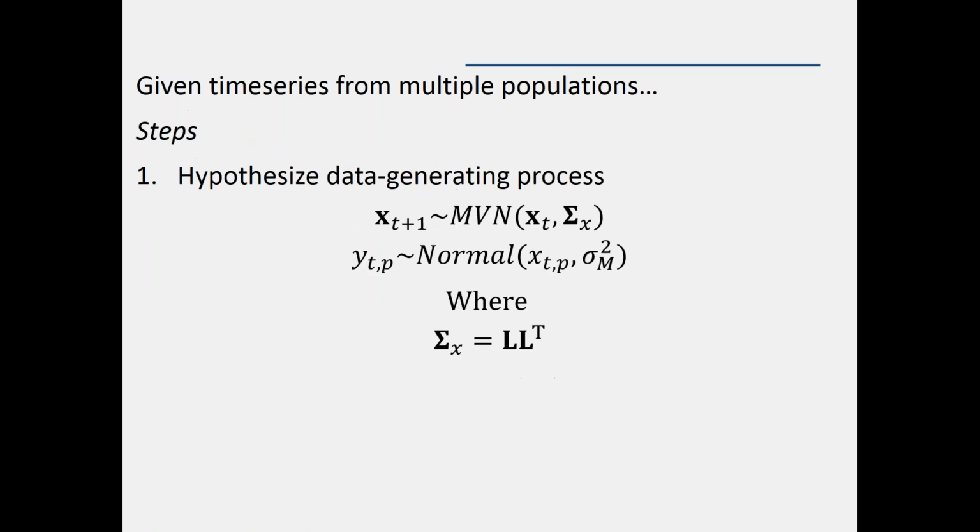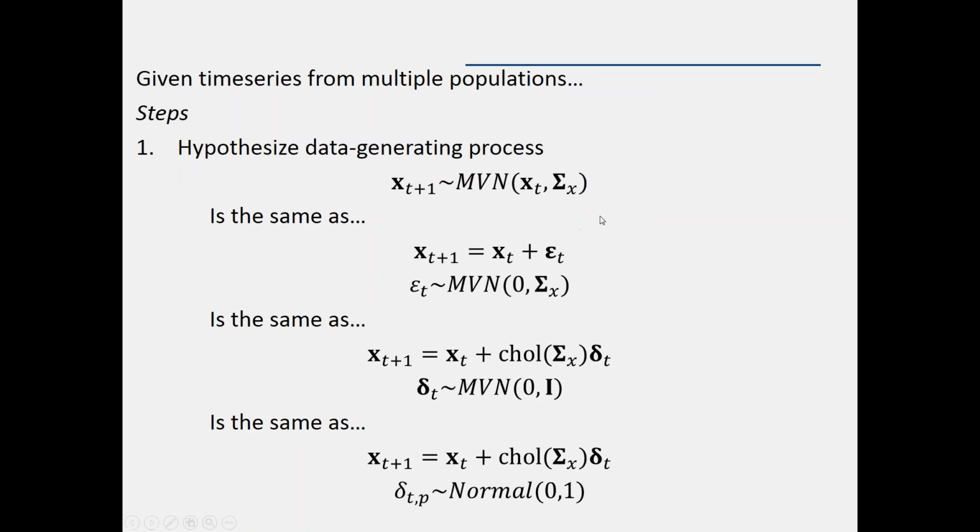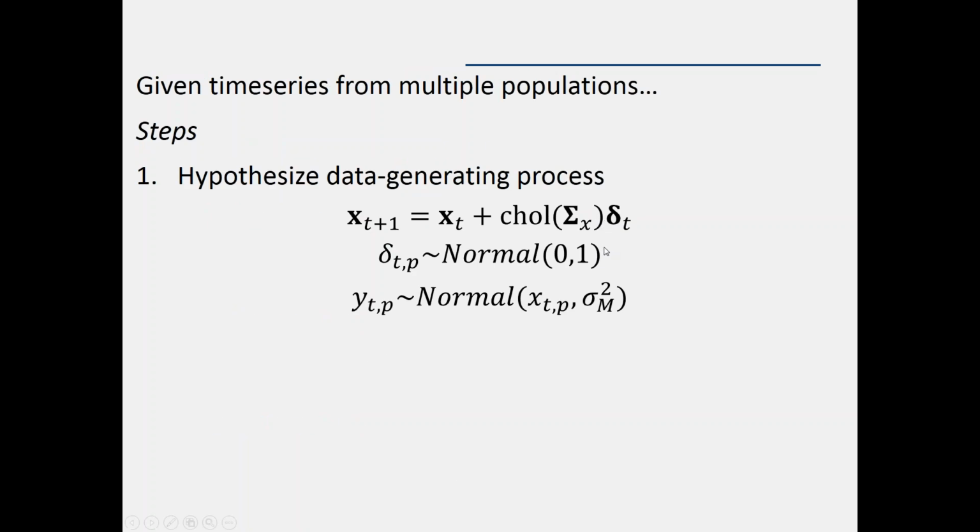So, replacing what was previously this first line with two lines, where we use a normal distribution for every process error and multiply it by the Cholesky matrix to get the updated equation.